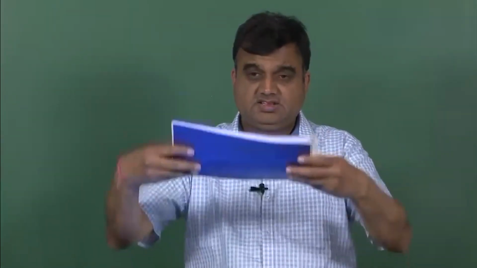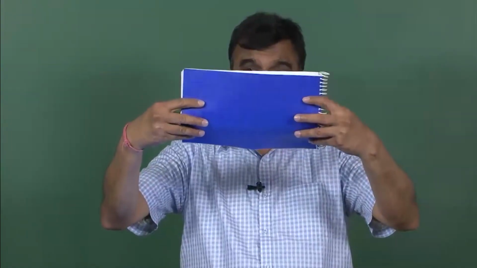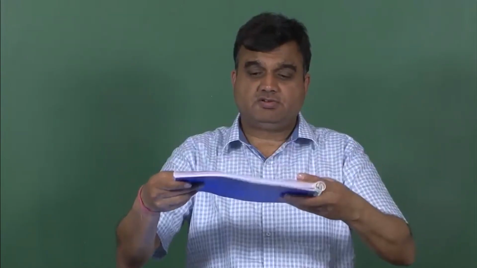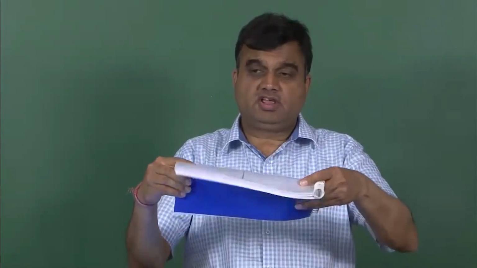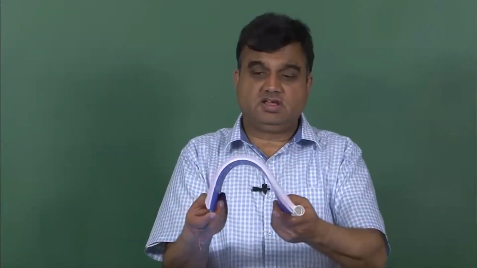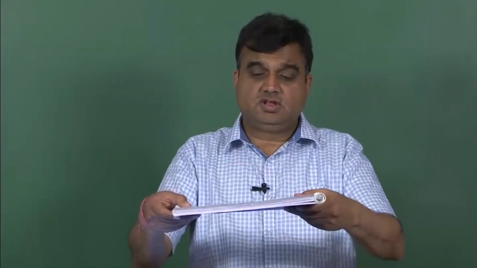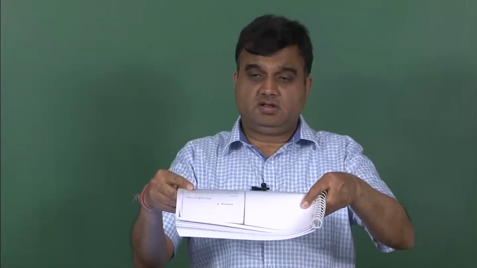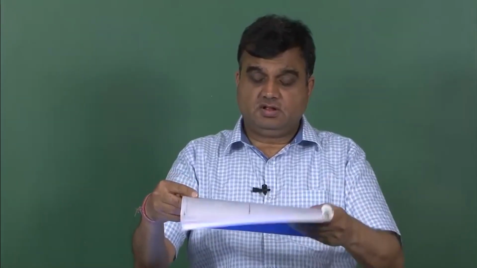If I bend it like this, then it is having purely curvature in the y direction. So, it is having pure Ky. If I bend it like this, it has pure Kx. Ky is 0. If I bend it like this, it is having pure Ky. Kx is 0.